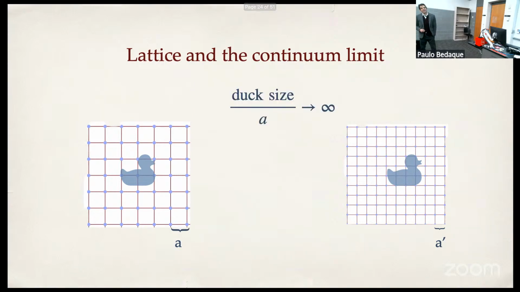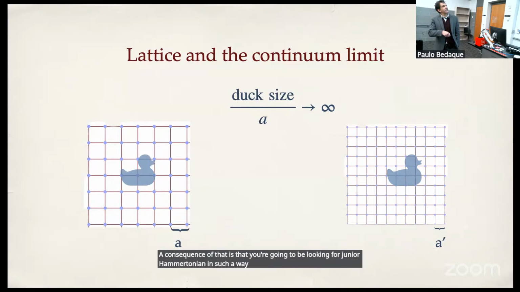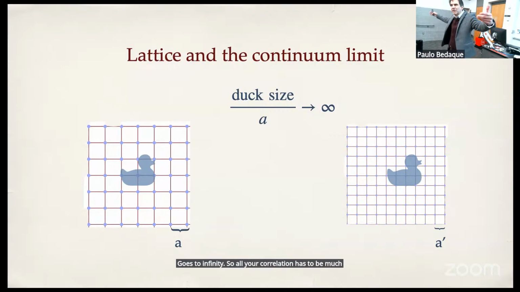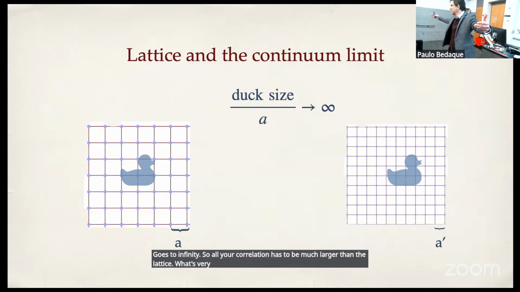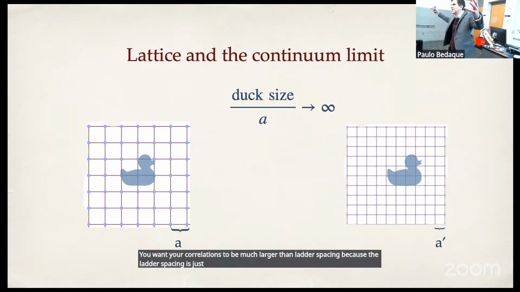A consequence of that is that you're going to tune your Hamiltonian in such a way that the physical objects, ducks, wavelengths, masses, in lattice units go to infinity. So all your correlation lengths have to be much larger than the lattice, which is very intuitive if you're looking for a continuum limit. You want your correlations to be much larger than the lattice spacing, because the lattice spacing is just a granularity that doesn't really exist in the real world.